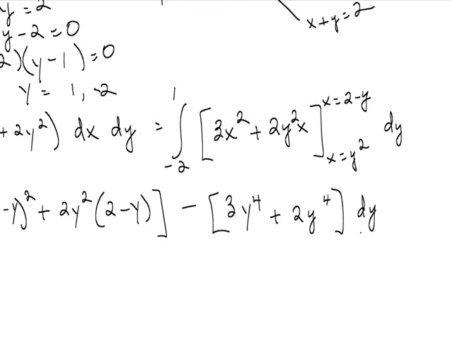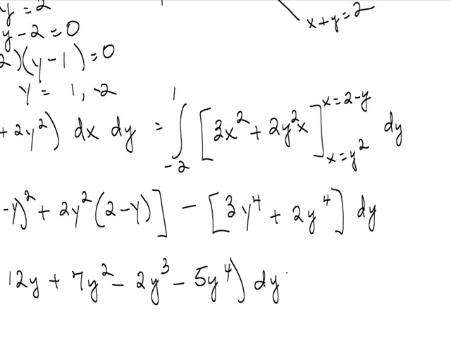And again, you can put all of that into your calculator, and when you simplify, you get 12 minus 12y plus 7y squared minus 2y cubed minus 5y to the fourth dy.